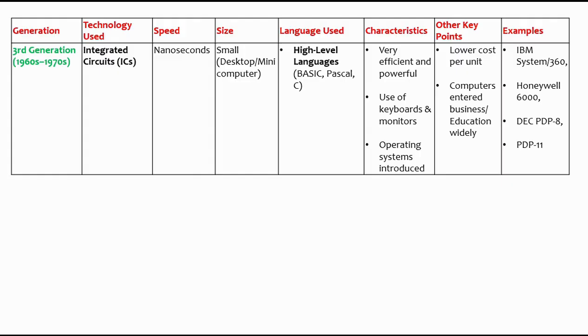High-level programming languages such as BASIC, which is Beginner's All-purpose Symbolic Instruction Code, Pascal and C became popular. Computers became widely used in education, business and government offices. Famous machines from this generation include IBM System 360, Honeywell 6000, DEC PDP-8 and PDP-11.